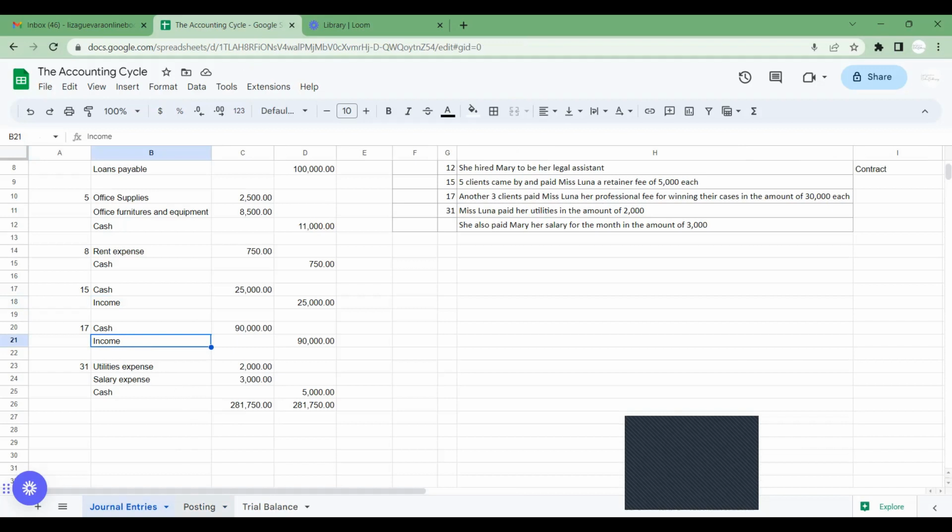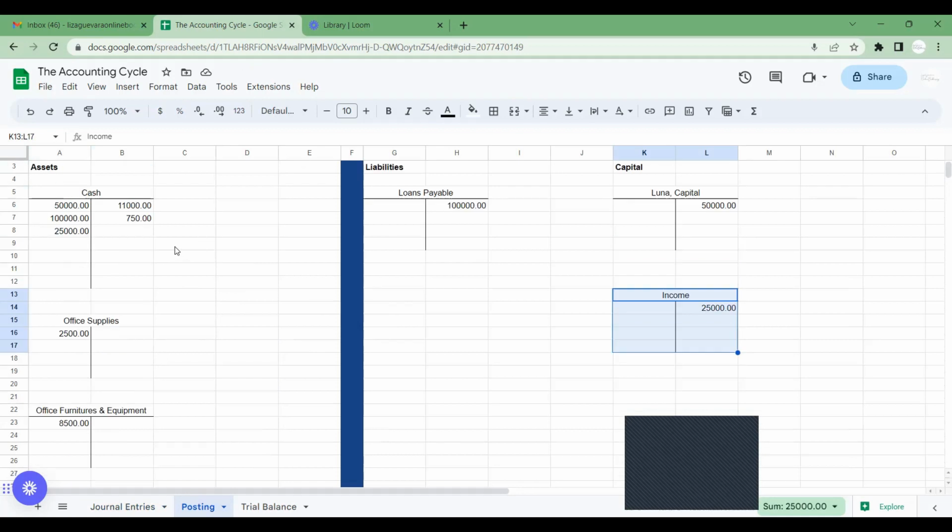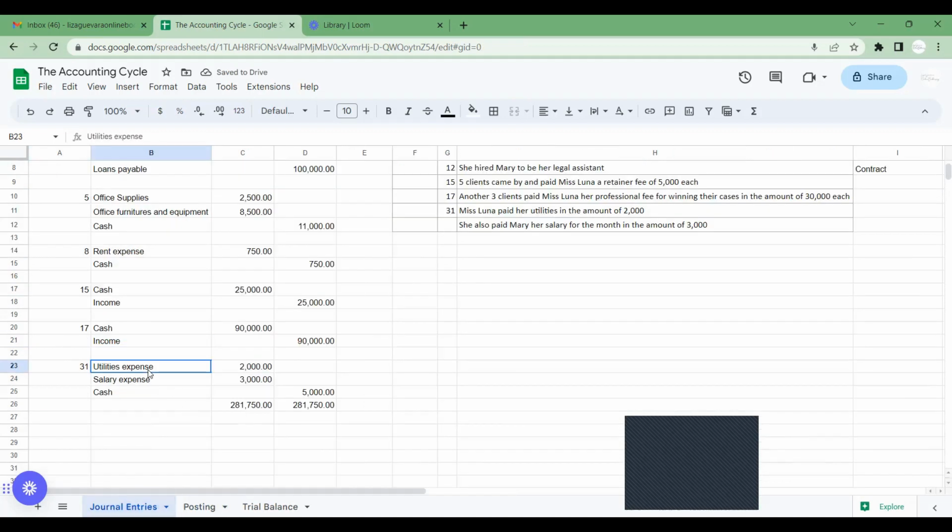Debit cash 90,000. Credit income of 90,000. And the last one, we have to debit utilities and salaries expense and credit cash.